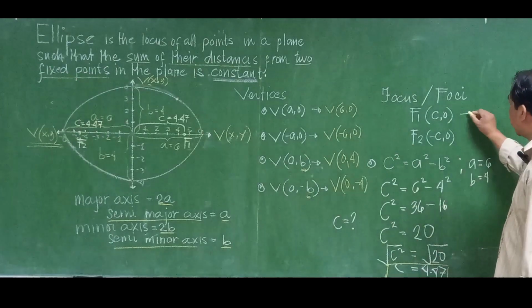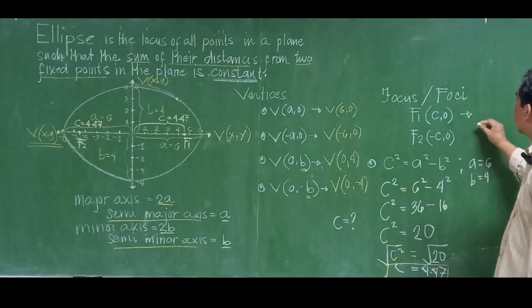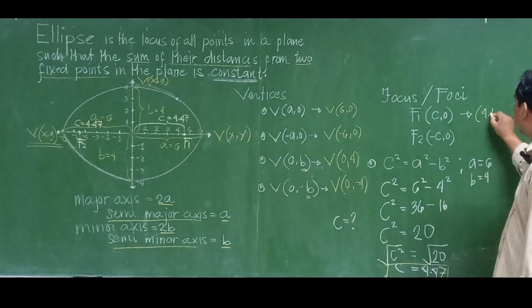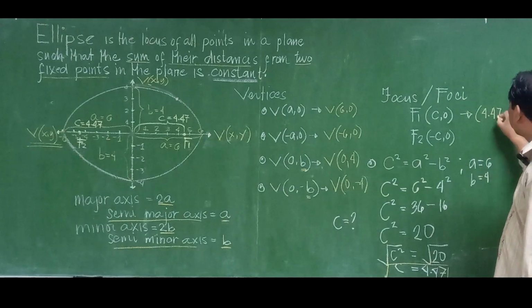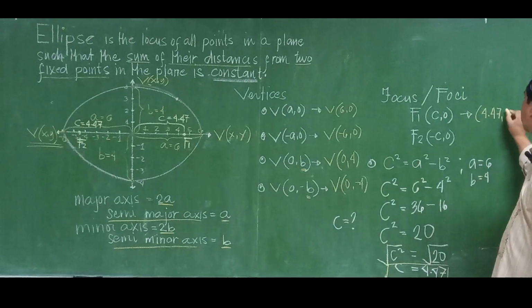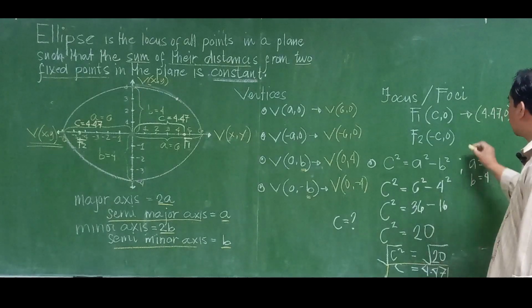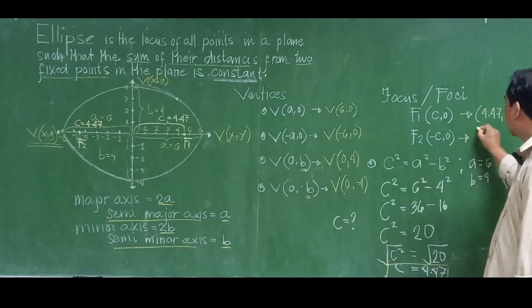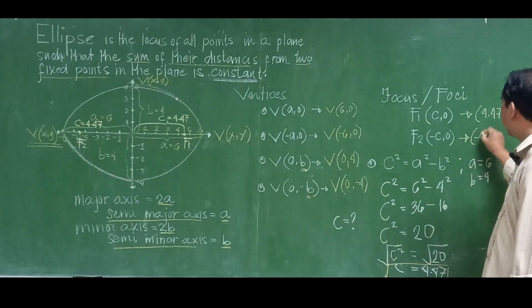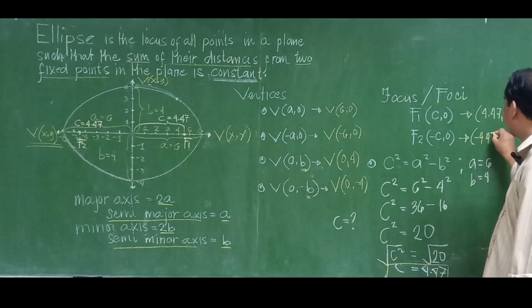So our coordinates for focus 1 is 4.47 and 0. How about the focus 2? Our focus 2 is negative 4.47 and 0.